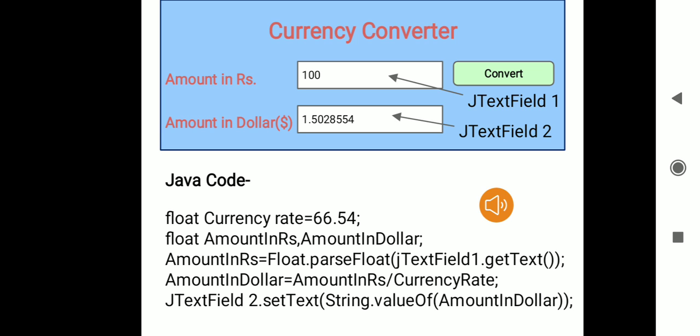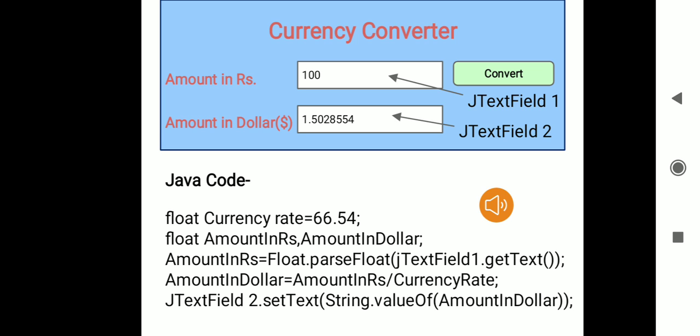Now coming back to the input value 100 that we have supplied in JTextField1, this input value 100 will be first extracted from JTextField1 using the getText method. This is done using the statement JTextField1.getText, and then the extracted value from JTextField1, which is 100 in this case, will be converted into a decimal representation using the parseFloat method.